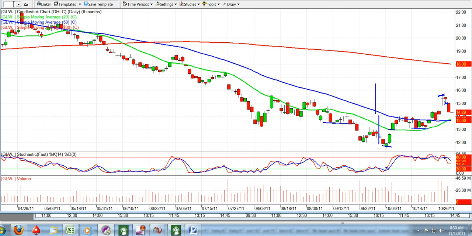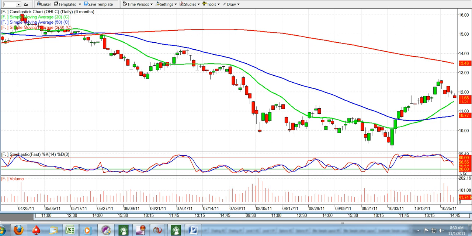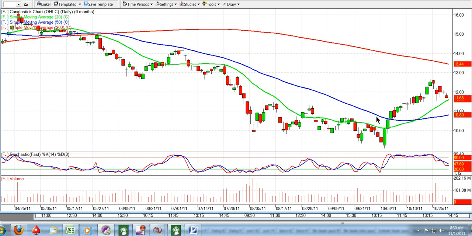The next stock that I want to look at is Ford. Now this stock here, I actually got into in this area here as we were pulling back. I want to see if this area is going to hold, because you can see our stochastics are coming down, and if this 20 period moving average holds and our stochastics comes down, then this is the area that I want to start getting back into this stock.